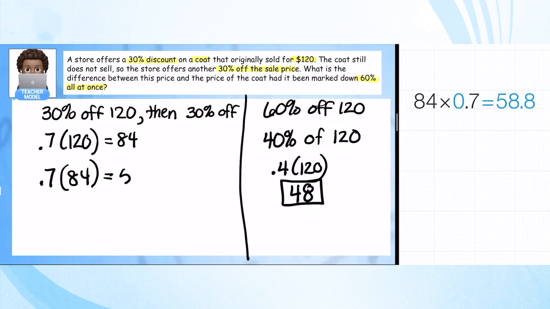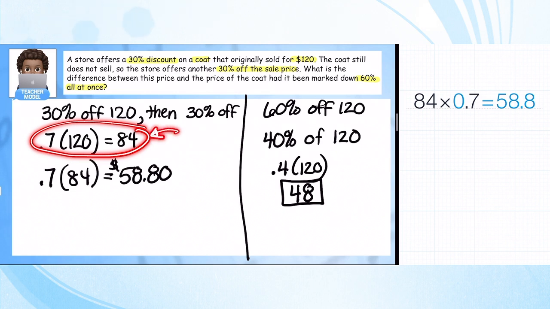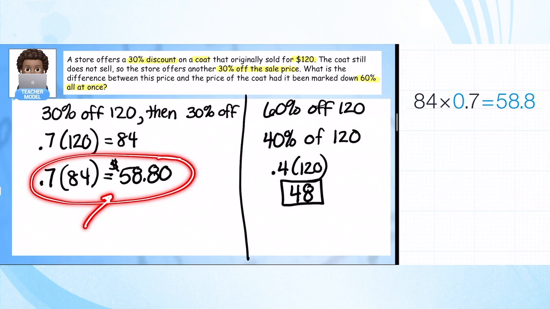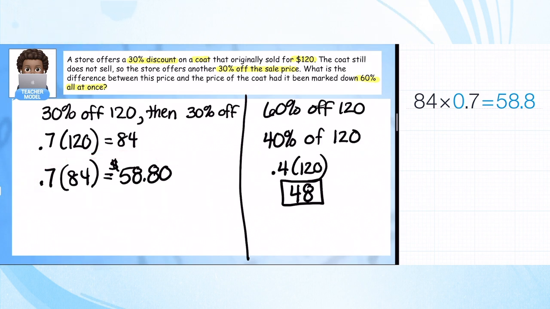And this is $58.80. So look at the difference. If they had just taken off all 60% at one time, it would have been $48. But here, they took 30% off, so they took a piece, and then they found 30% off of that piece. And you get a totally different price. You get $58.80. So what is the difference between the two? Well, we're going to just subtract them. And it's a difference of $10.80.